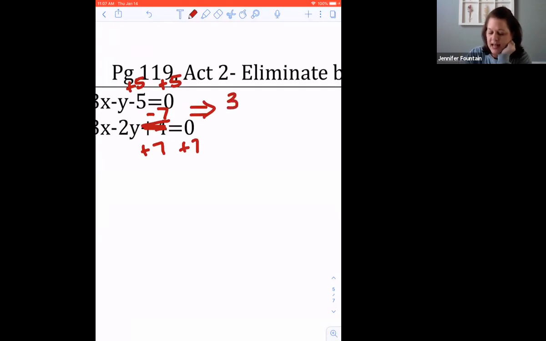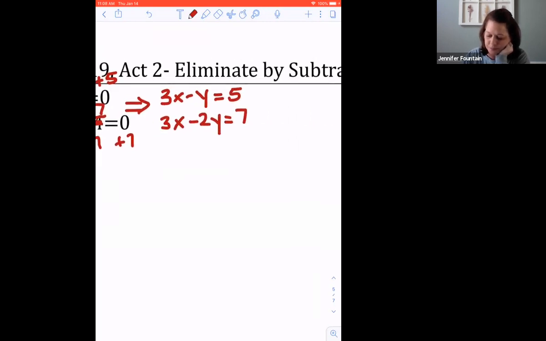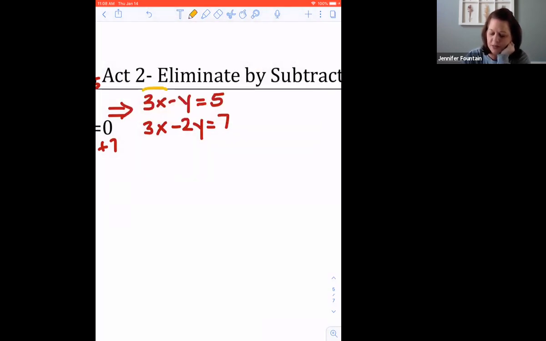So I have 3x minus y equals 5 and 3x minus 2y equals 7. Here I can see that my 3x terms are exactly the same, so I know those are the ones that I'm able to eliminate.